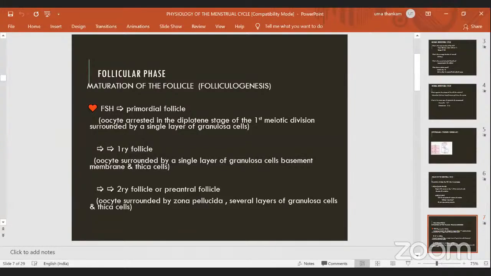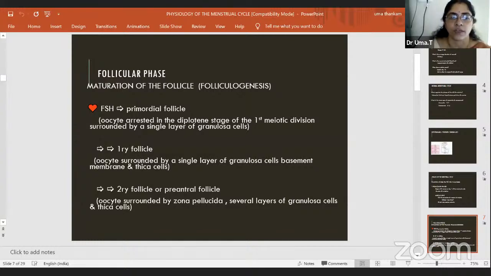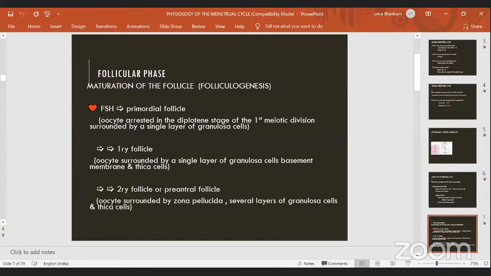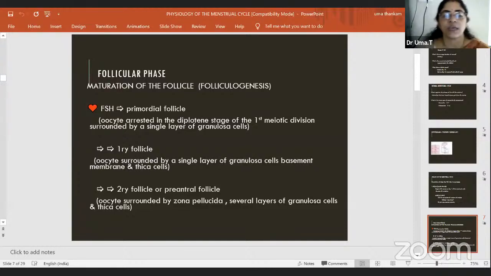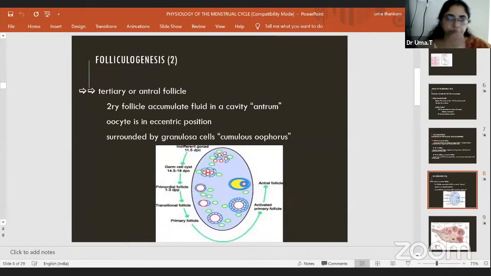It becomes a primary follicle, with the oocyte surrounded by a single layer of granulosa cells, a basement membrane, and theca cells. Sorry for the spelling mistake there. This becomes a secondary or preantral follicle, where the oocyte is surrounded by the zona pellucida with several layers of granulosa cells and theca cells.